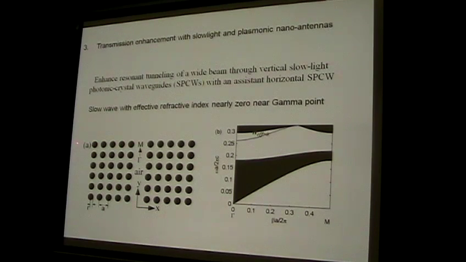It's a highly reflecting structure, so the efficiency of transmission will be pretty low for a wide spot size beam.